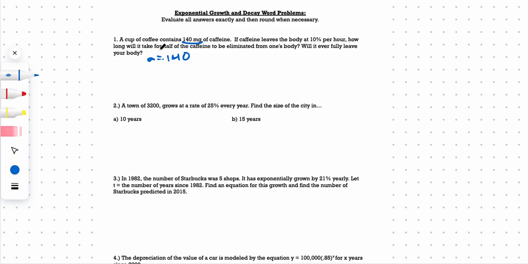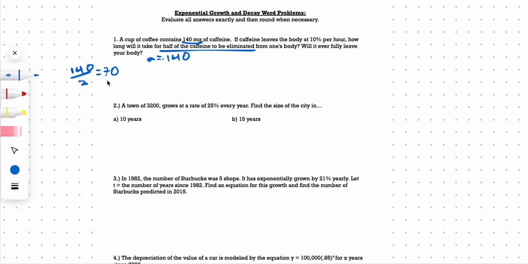Now, we're asked how long it takes for half of the caffeine to leave the body. Well, what's half of 140? That's just going to be 70. So we want to see how long it takes to have 70 milligrams in your body once you drink a cup of coffee that has 140 milligrams of caffeine.